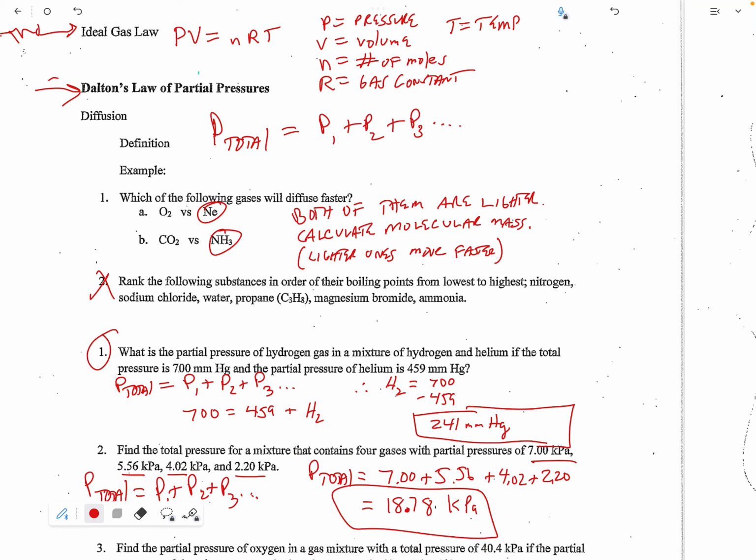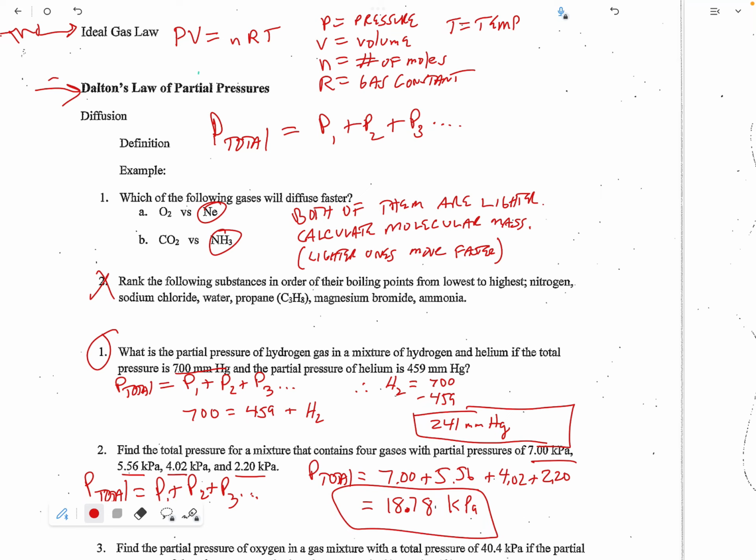If you're given partial pressures of a gas mix, then you can figure out the total pressure. But here we have a total pressure of 700 millimeters of mercury with a partial pressure of helium being 459, and you're trying to find the partial pressure of hydrogen gas. Set up your problem like you see it. 700 millimeters of mercury is your total.